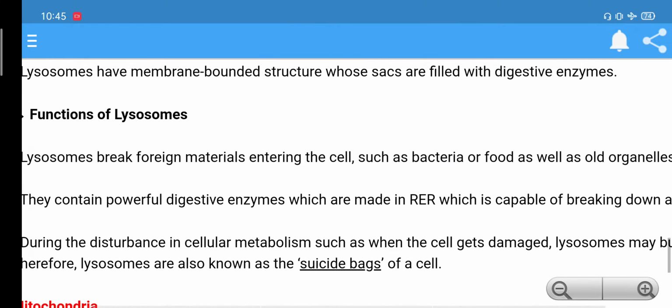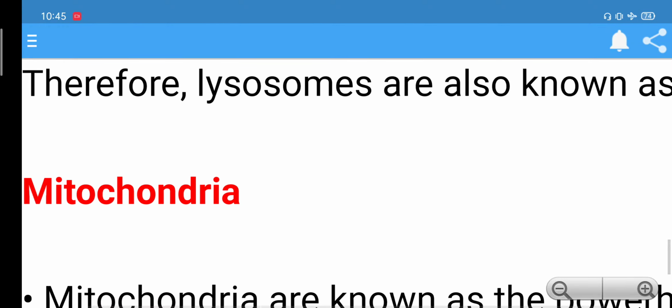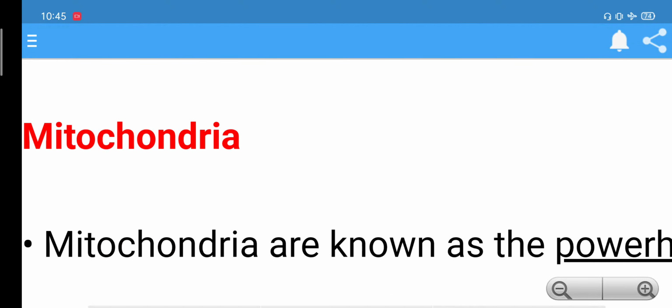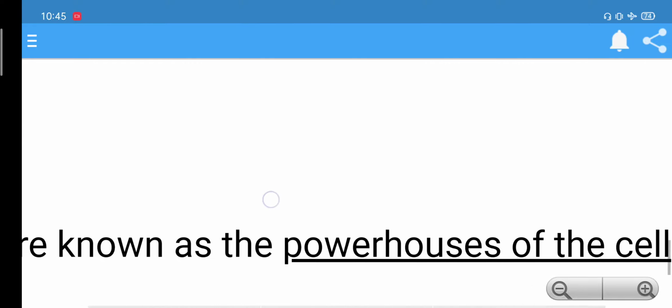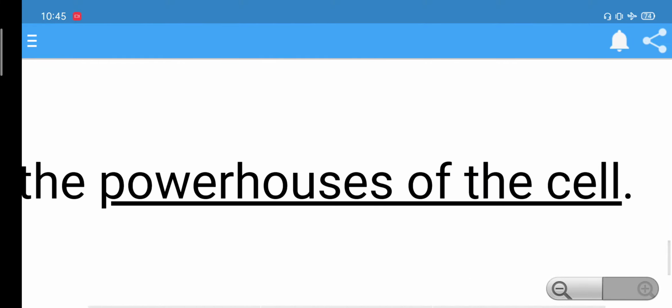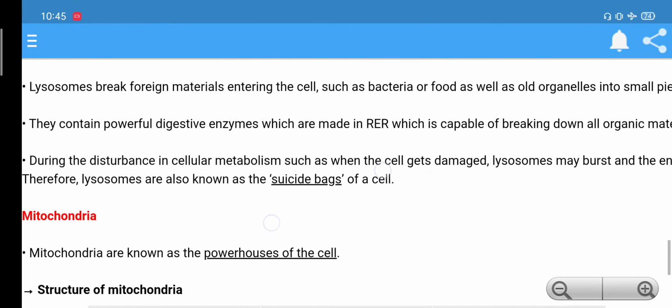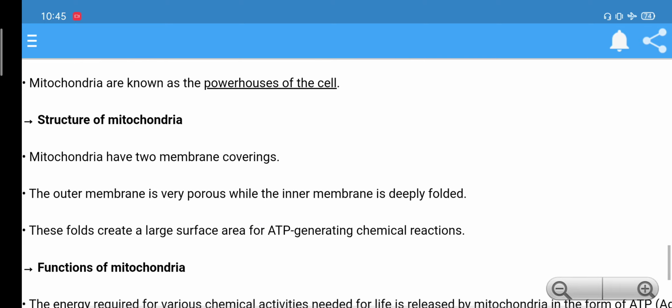Next is mitochondria, number four. As in previous classes, we have already studied that the mitochondria is known as the powerhouse of the cell. As for the structure of mitochondria, you can see in your book that it has two membrane coverings.